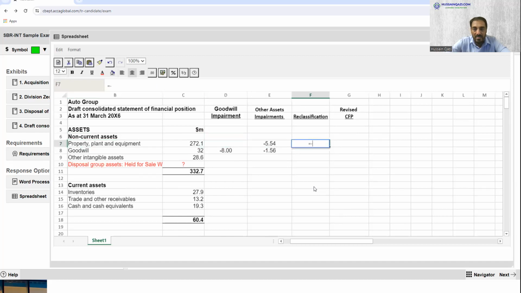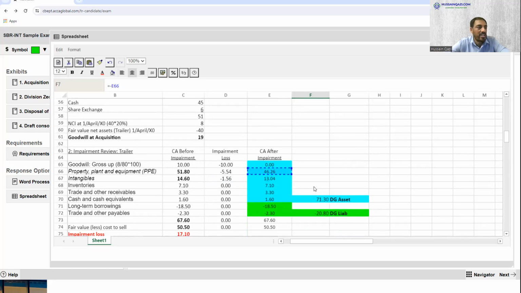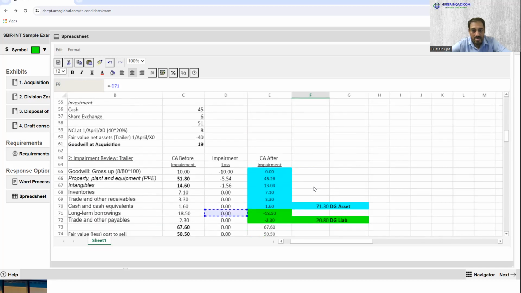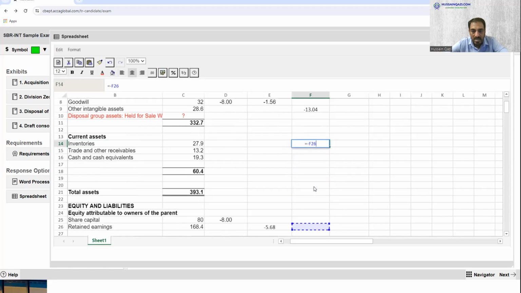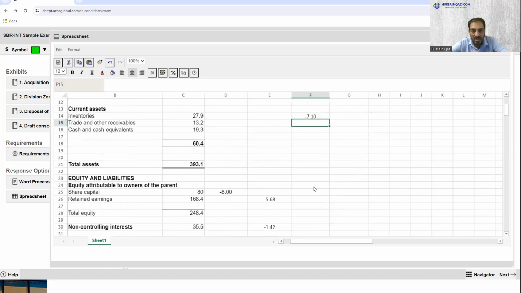Number one, property, plant, equipment minus 46.6. Goodwill already became adjusted. 13.04 minus, reduced inventory, trade receivables, and cash, minus 7.1.